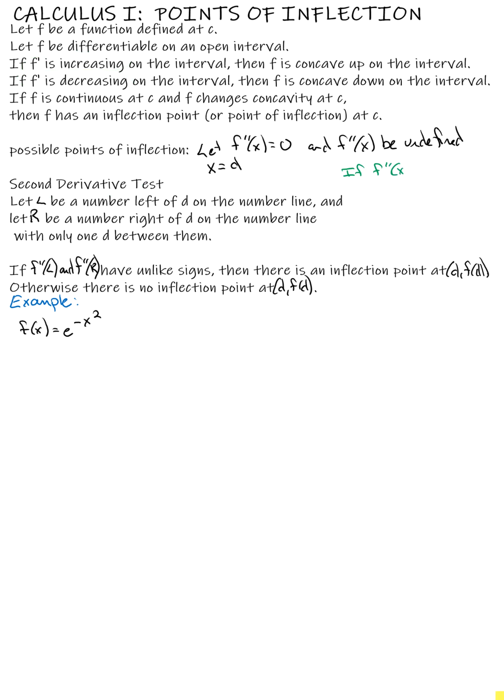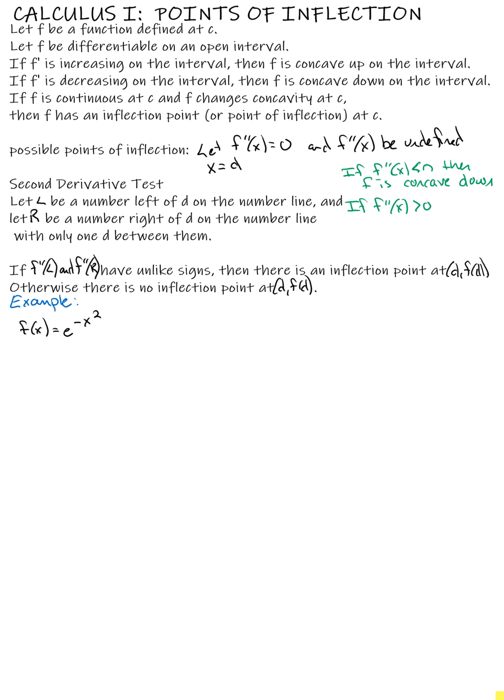So, moral of the story, the exciting part is, if f double prime of x is less than 0, then f is concave down. And if f double prime of x is greater than 0, then f is concave up.